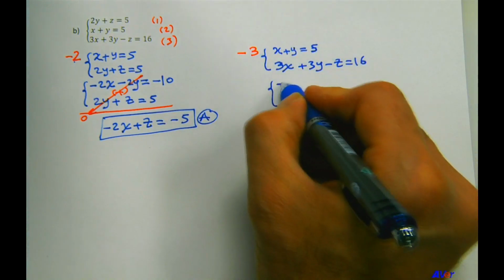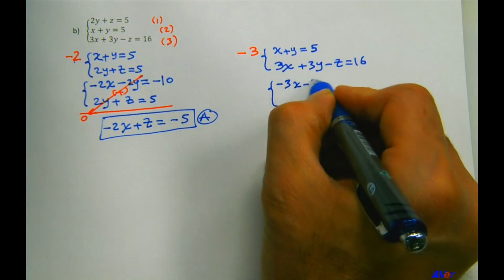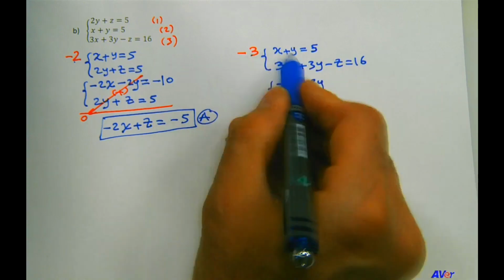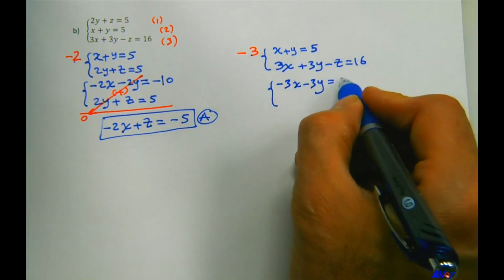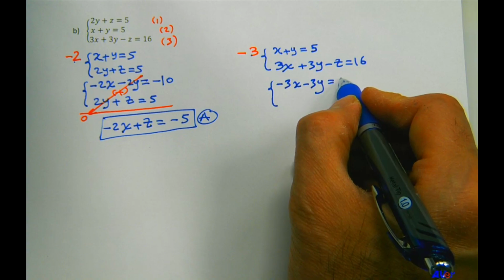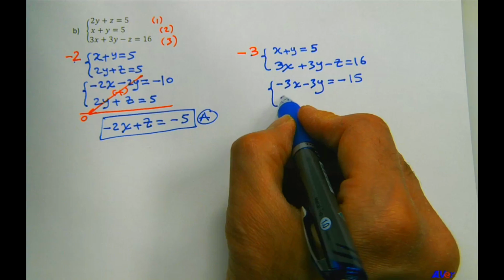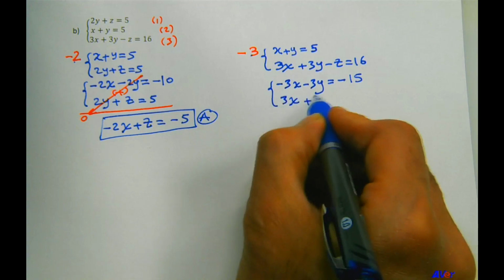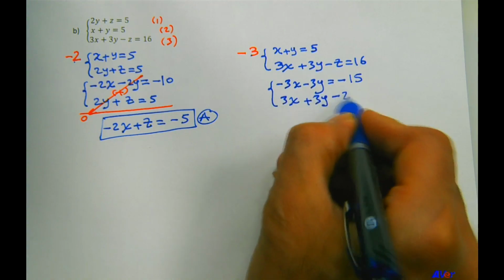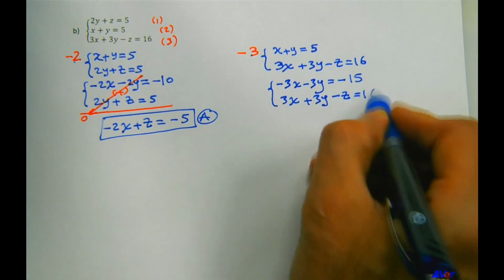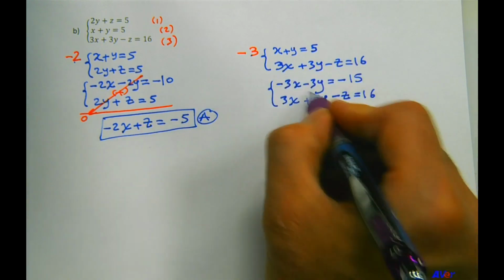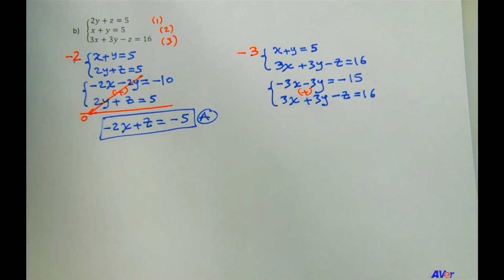We end up with -3x minus 3y, right? I'm just distributing this, equals what should be on the other side? Minus 15, right? Then the bottom equation, 3x plus 3y minus z equals 16.